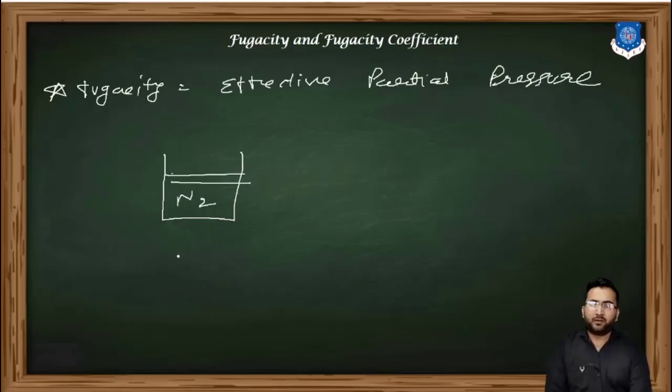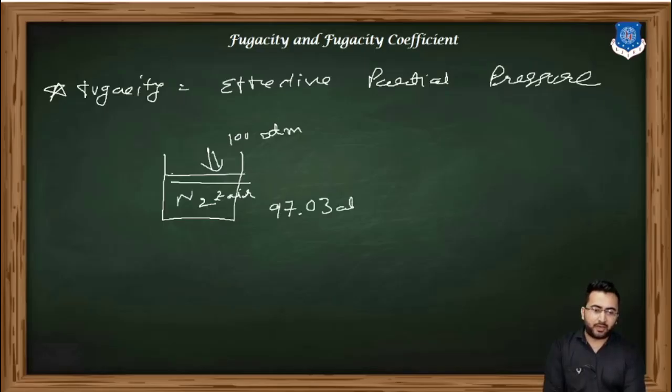Now, if we apply 100 atmospheres of pressure on this nitrogen gas with a particular composition of air, then the pressure exerted by the nitrogen is 97.03 atmospheres. So this is a mixture of nitrogen plus some amount of other gases. The pressure exerted by the nitrogen is 97.03 atmospheres instead of 100 atmospheres.